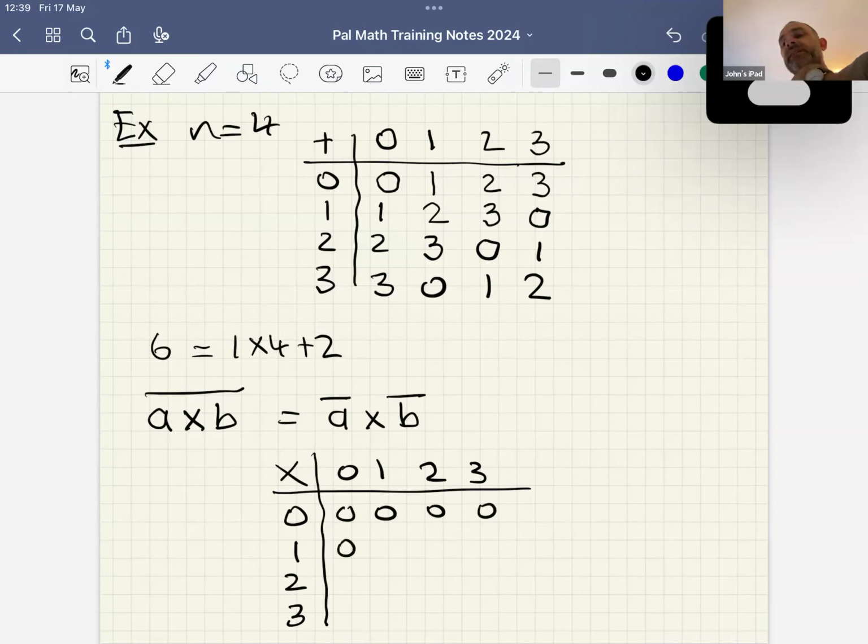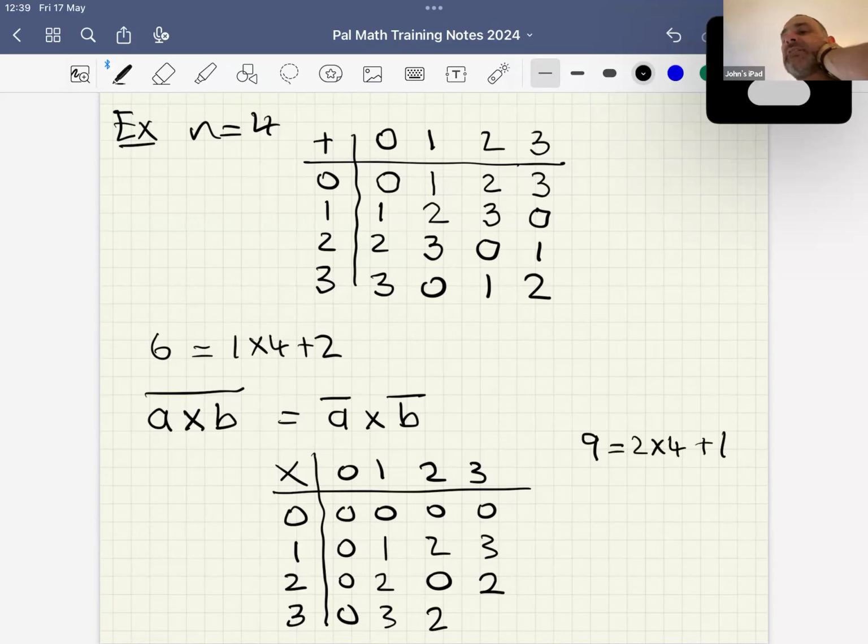And then 1 doesn't change the residue, multiplication by 1. Multiplication by 2, well, 2 by 2 is 4, so you get a 0. And 2 threes is 6, which gives you a residue of 2. And then likewise here. And then 3 threes is 9. And 9 is 2 times 4 plus 1. So you get a remainder of 1 there.